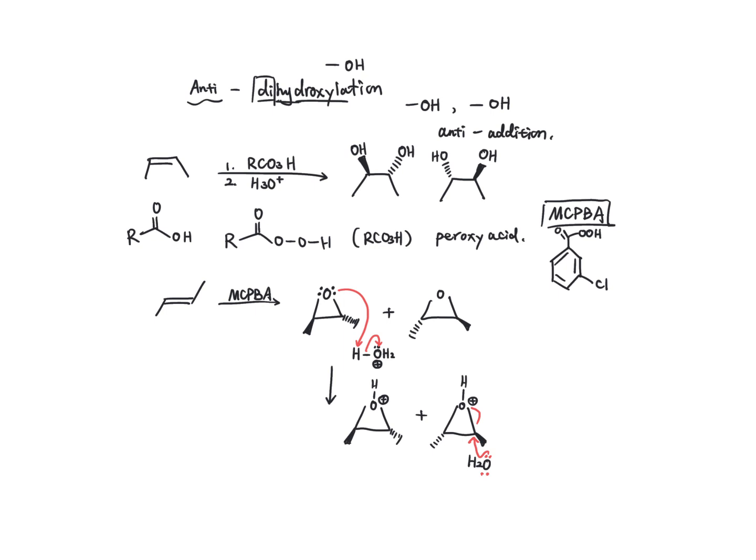What is backside attacking here? This is a bond on the top side, that is front. So the back will be here. So backside attacking. Let's draw that out. The outcome is you will have an OH group on here, and you will have OH2 on here. And the methyl is still pointing on the wedge, this methyl still on the dash.